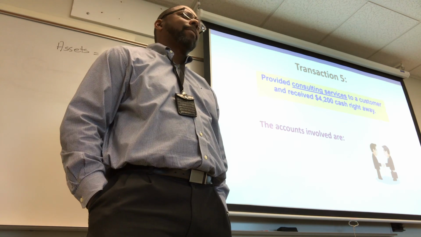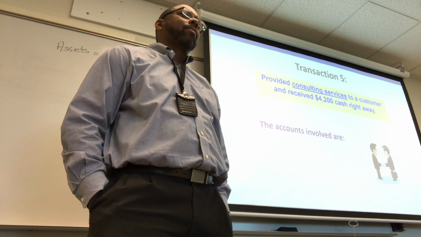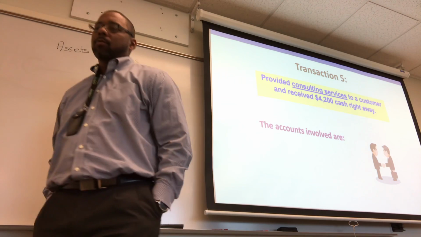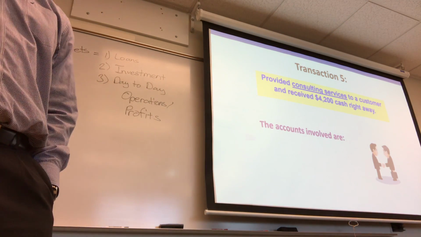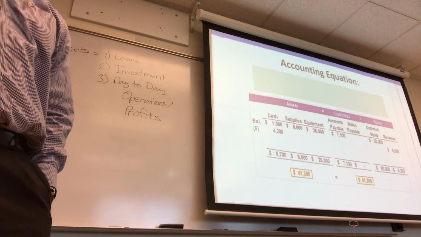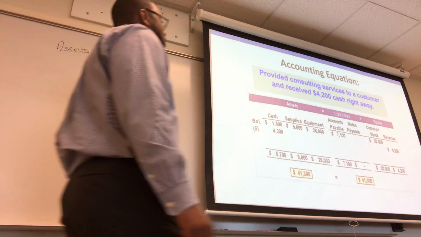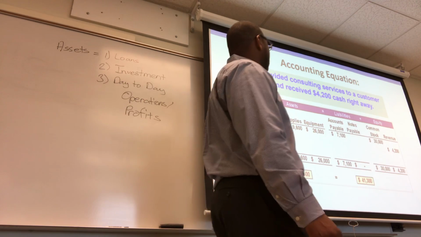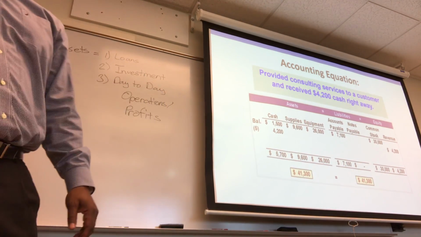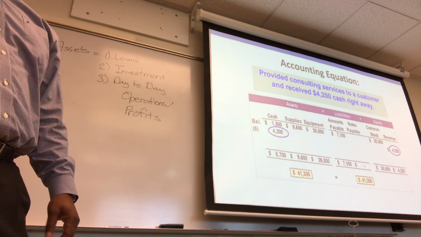What type of account is that? Revenue. Did we increase or decrease the amount of revenue the company has? Increase. Fantastic. So we're going to increase the cash and we're going to increase the revenue. And it will look like this on the equation. Okay? Increase of cash, increase of revenue. Now we have a bottom line of $41,300.